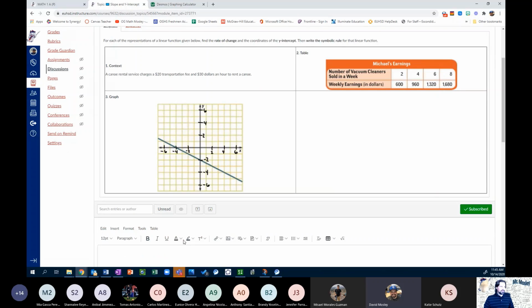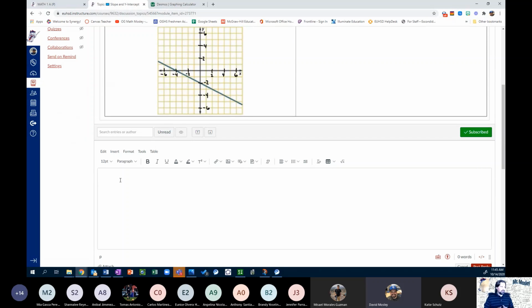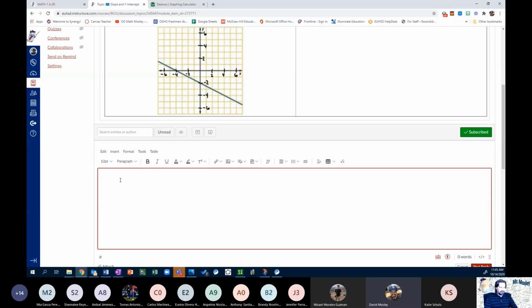Okay, so to post, you just click reply, type in your response. Right, so say 1. Rate of change is something. And the y-intercept is something else.